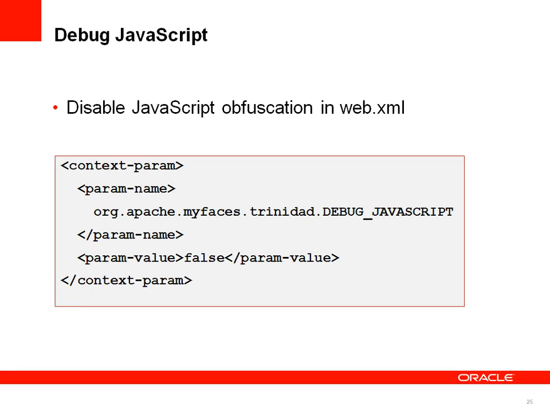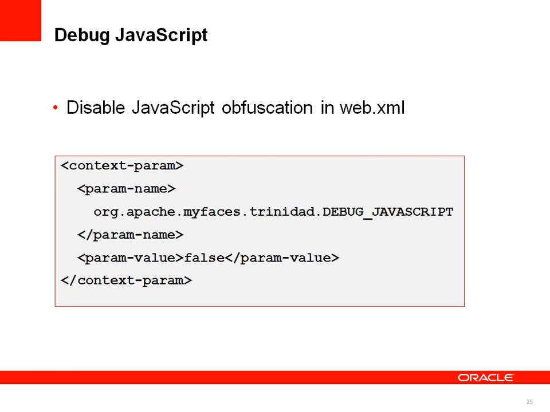First of all, JavaScript by default is obfuscated. That means that we're condensing it to a smaller size so that the performance when you load the page is good. To debug JavaScript with Firebug or with some other debugging facility, you need to uncompress or unobfuscate JavaScript, which you do with a web.xml parameter.